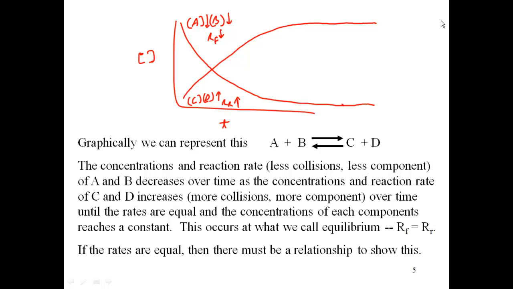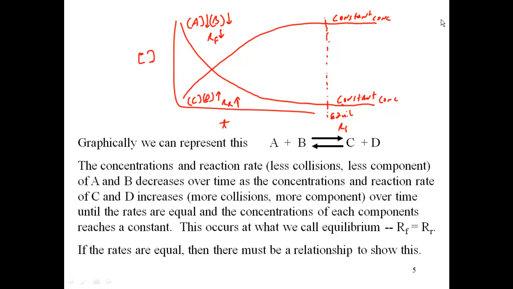At some point, the forward rate and the reverse rate will be equal. That's going to occur when my concentrations of A and B and C and D reach some constant value, some constant concentration. That point where that occurs, okay, that's my equilibrium.